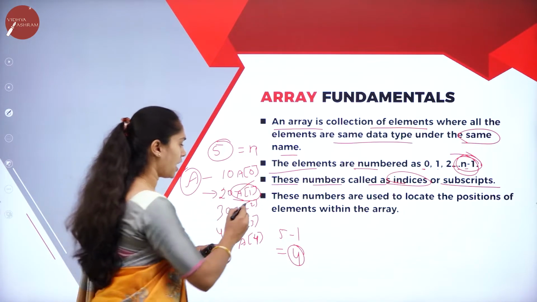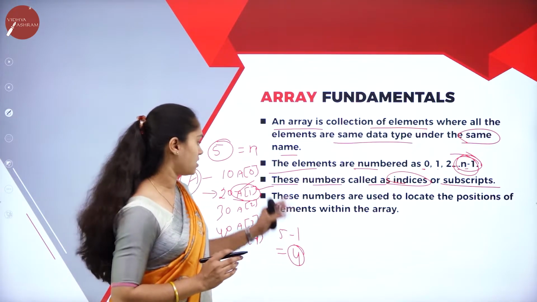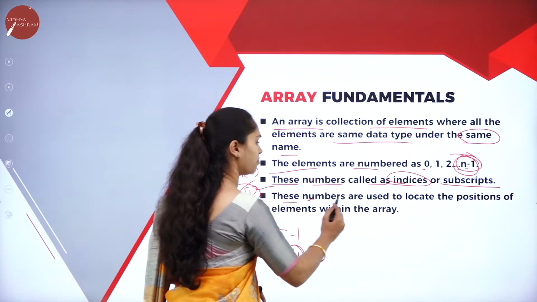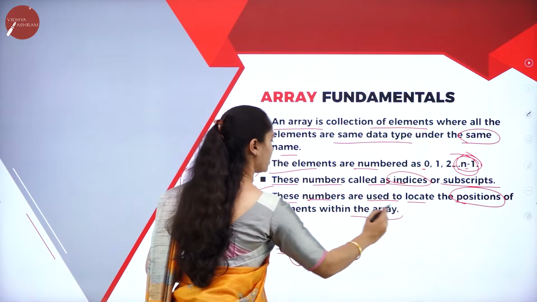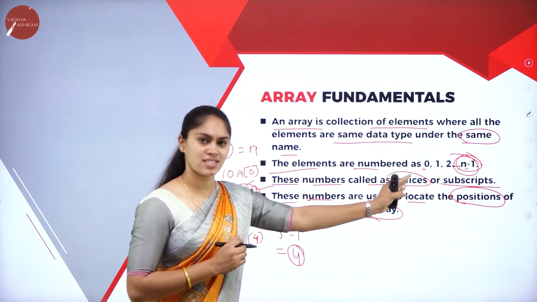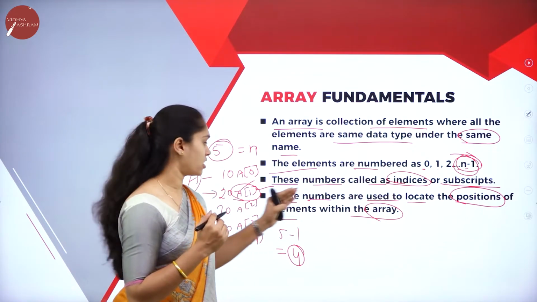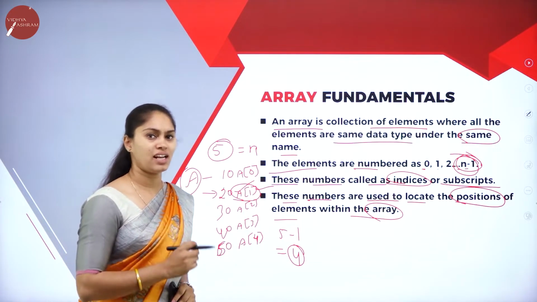So A of 1 is nothing but a subscript or index. These numbers are used to locate the position of the elements within the array. By making use of indices or subscripts, we get to know the position or location of an element in an array.